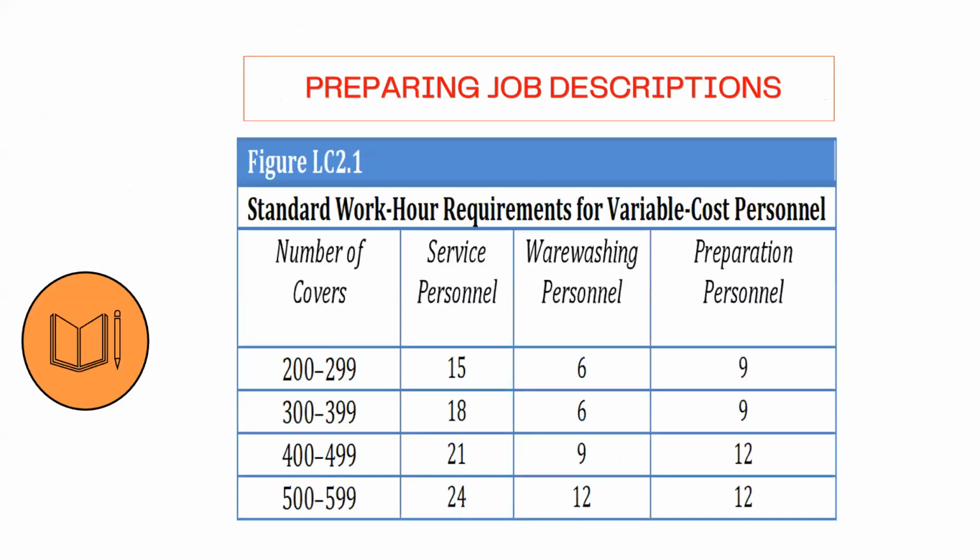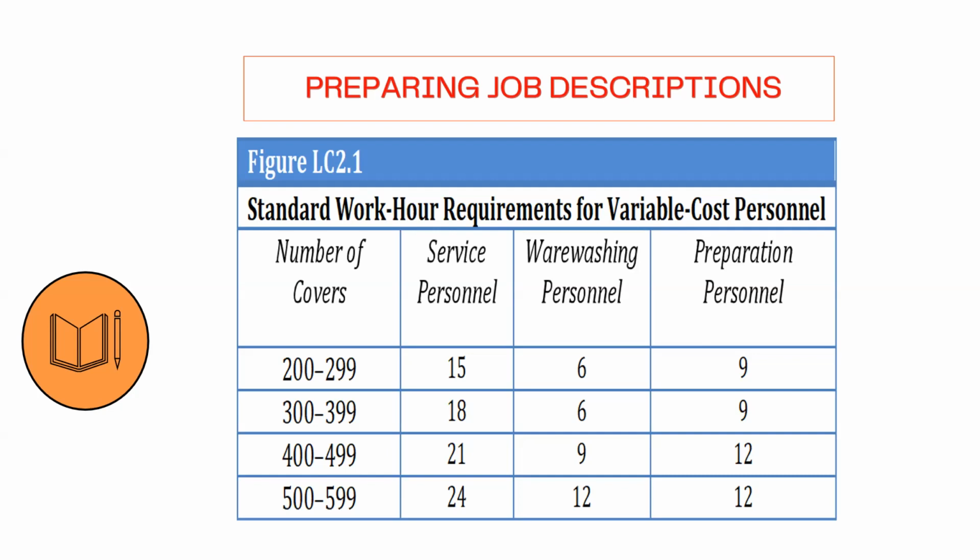So, table LC 2.1 illustrates a table of standard work hours for variable cost personnel for a particular restaurant. It illustrates the table of standard work hours, used in conjunction with a forecast of sales volume.